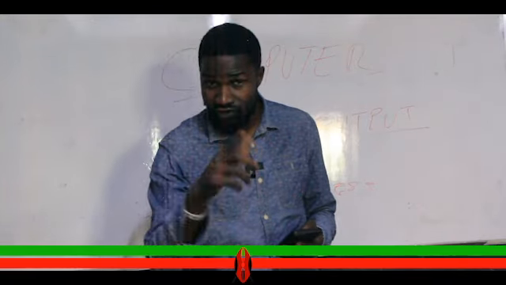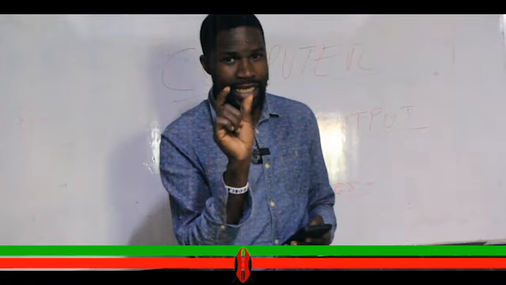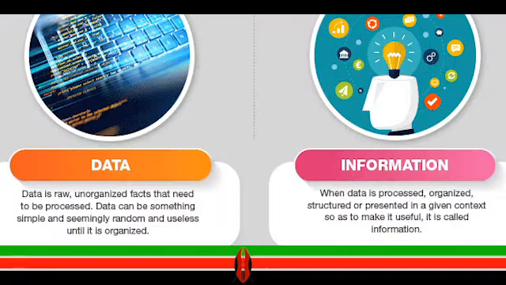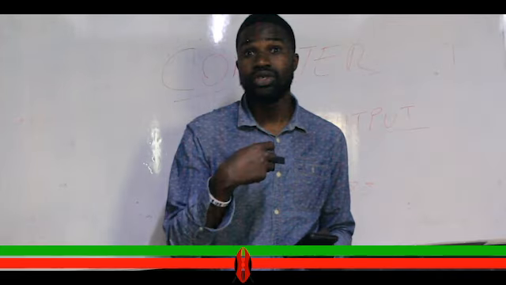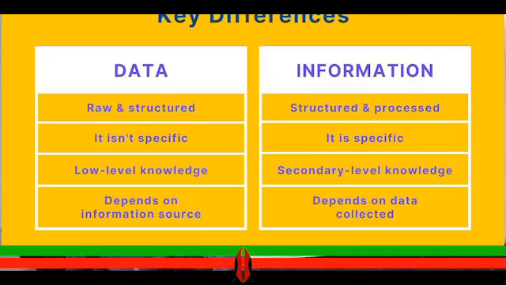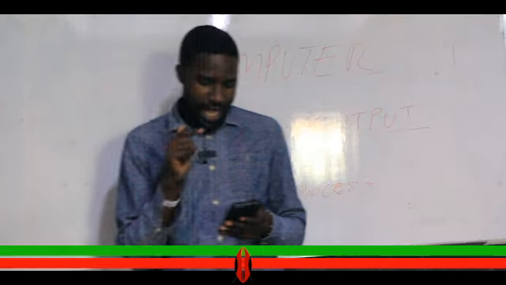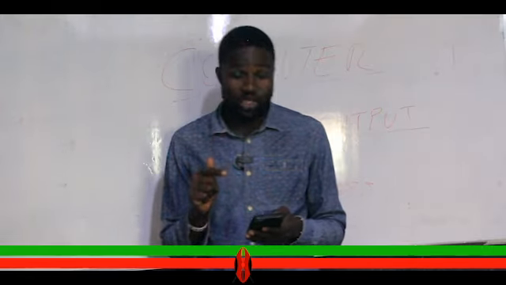Information is what you get after you enter data. I want you to mark the difference between data and information. Data is something unprocessed, something that humans don't understand, only the computer understands. Data is a raw fact. Information is something that is consumable. Input devices are used to enter data into the computer.